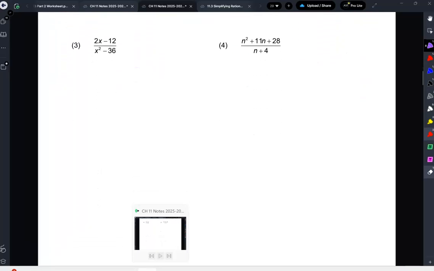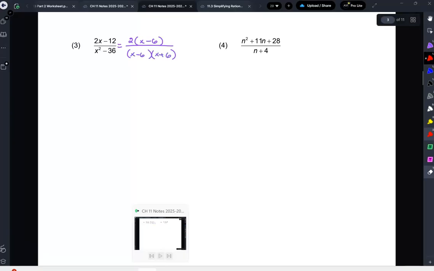Here we go. This one. Okay. Jonathan, did you factor the top? Okay. Can you factor now? What can we take out of the top? Between the 2x and the 12, is there a GCF? We can factor out a 2. And then what do we have left when we do that? x minus 6. Okay, so Benny, did you do the denominator? The x minus 6 times x plus 6. Okay.